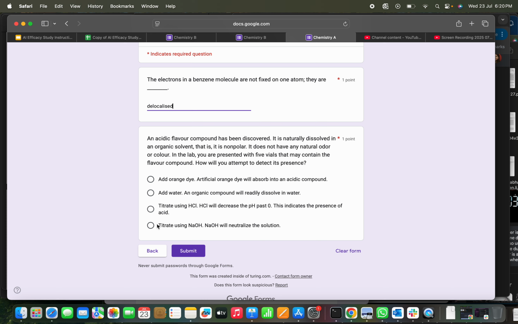HCl will decrease the pH. No, how will that decrease the pH? But it's non-polar, right? Add orange and acetic. I'll add water. It is non-polar, so titrating with NaOH won't help.